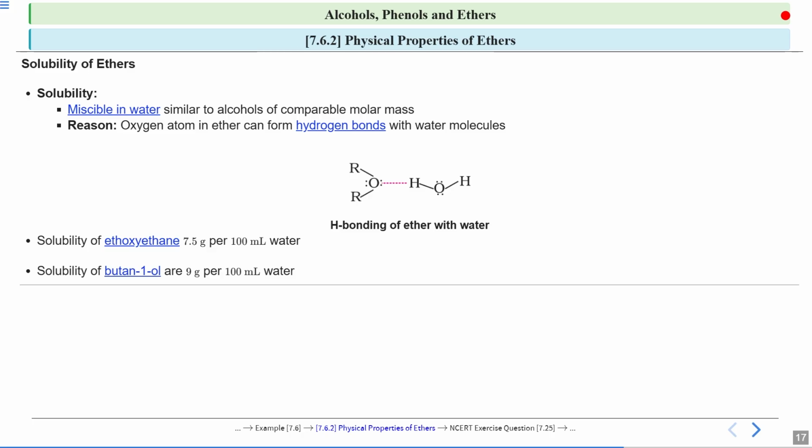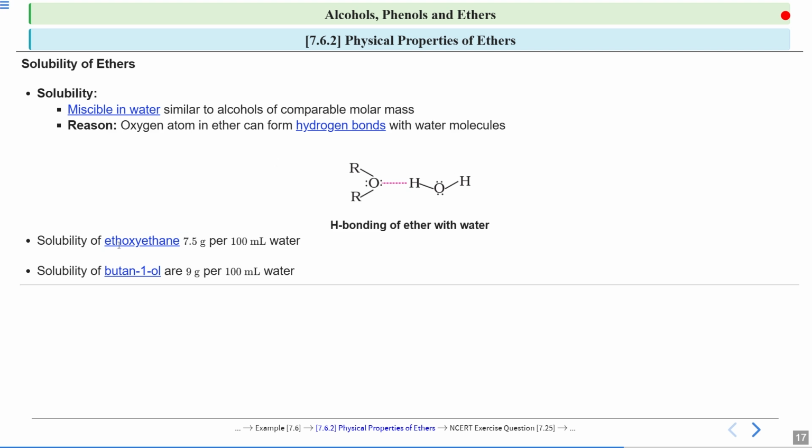But in alcohol there is an R-OH bond, so oxygen can accept electron density from the hydrogen of water, and the hydrogen of alcohol can donate electron density to the oxygen of the water molecule. So in alcohol it works both ways, it can accept and it can donate. So it forms better hydrogen bonding in alcohol as compared to ether. That is why the solubility of alcohol is a little more, that is 9 gram per 100 ml.